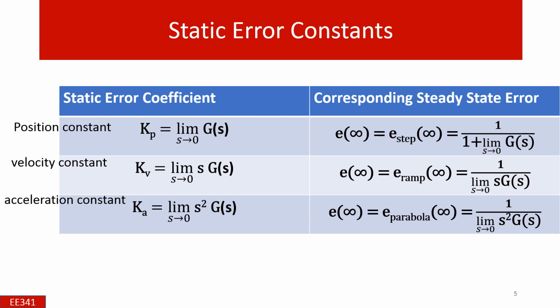In this case the input is a ramp. And similarly for the third case, if the acceleration constant is given, then taking the reciprocal gives the steady state error with the parabolic input.